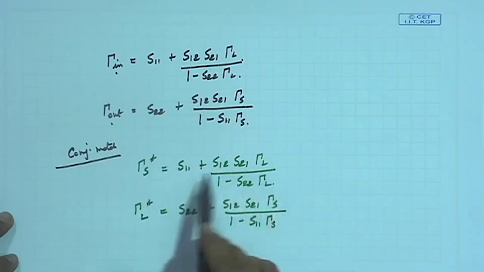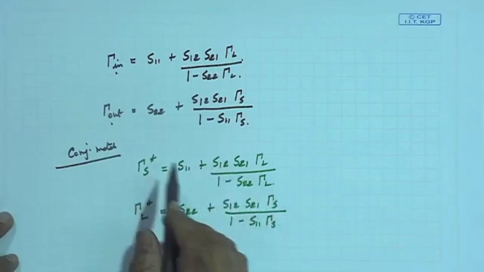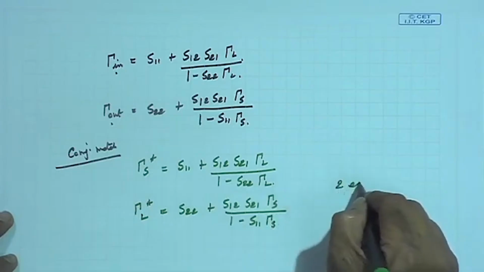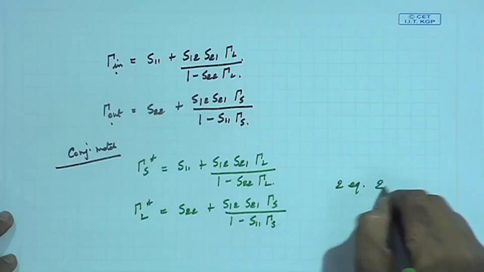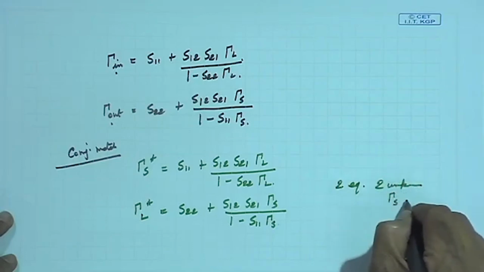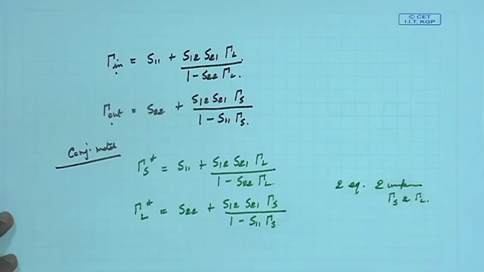All S parameters are known, so I have two equations and two unknowns, gamma S and gamma L. So, I can solve for that.